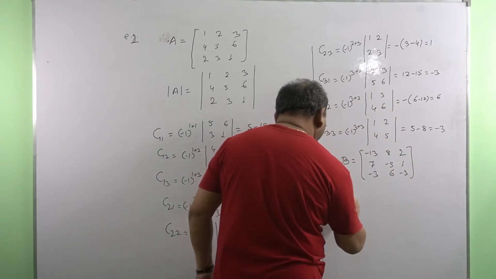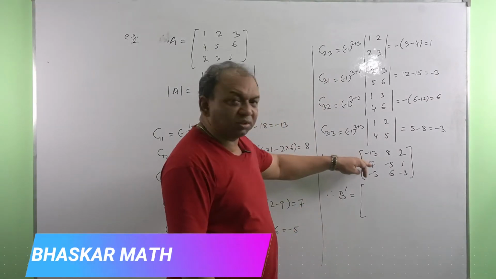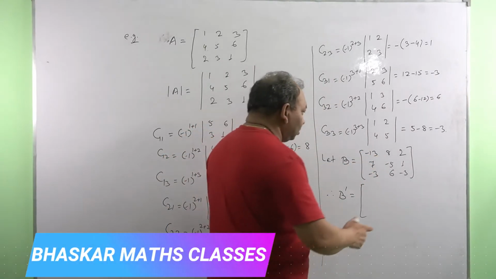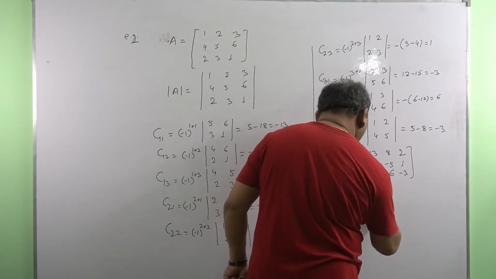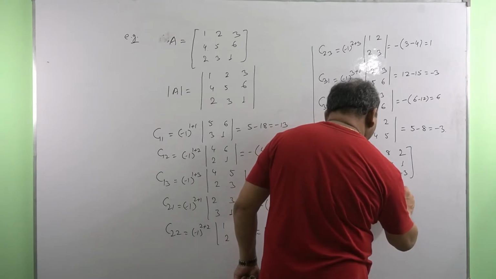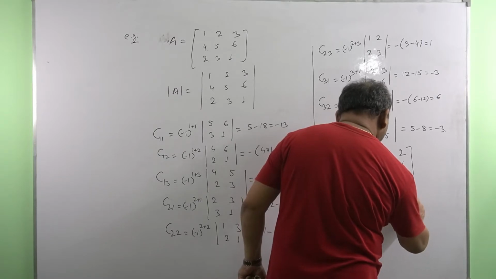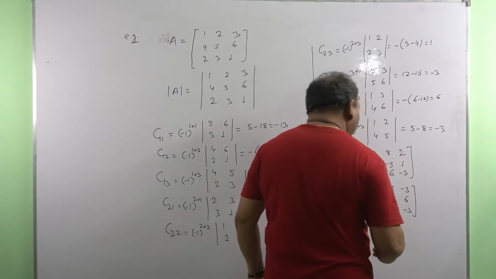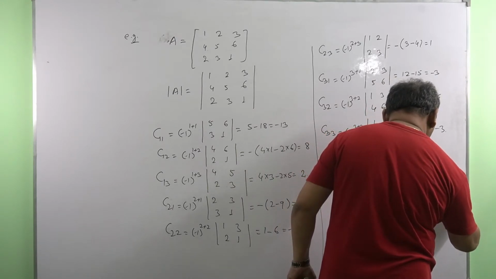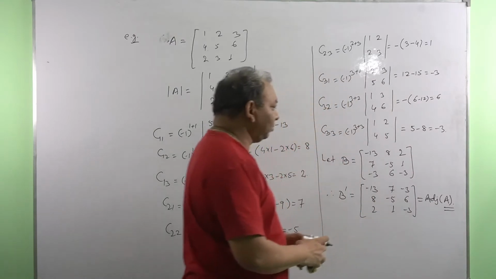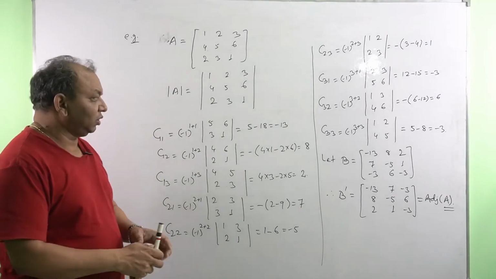So transpose of matrix B, transpose means interchange rows into corresponding columns. So matrix B dash becomes minus 13, 7, minus 3, 8, minus 5, 6, 2, 1, minus 3. This is called adjoint of matrix A. So this is the example of adjoint of matrix A of order 3 by 3 or third order.